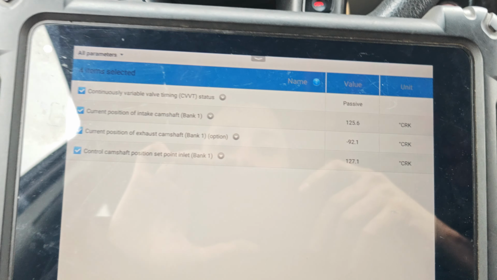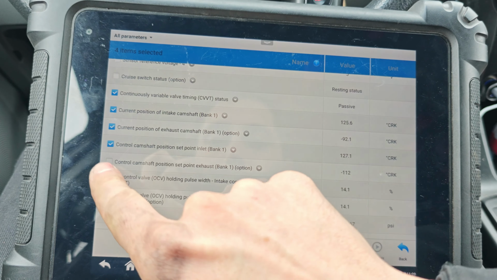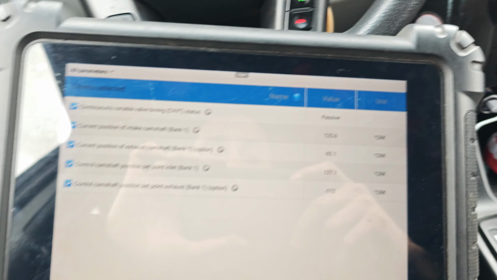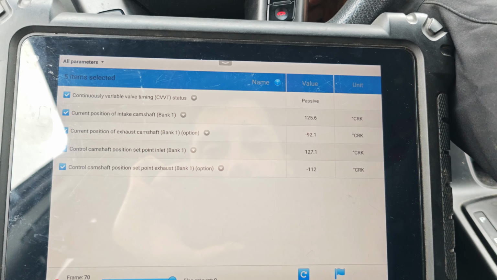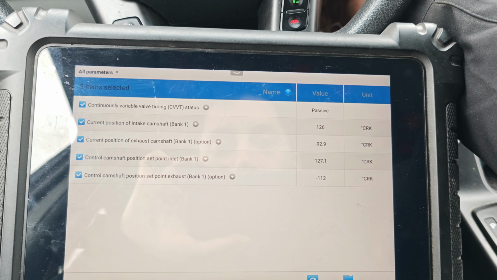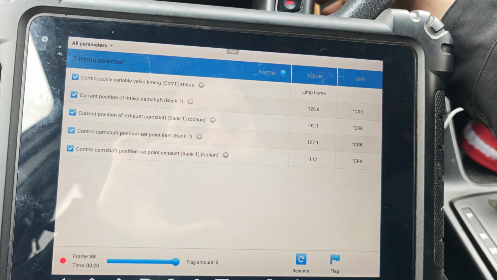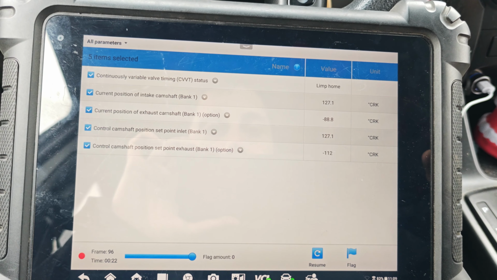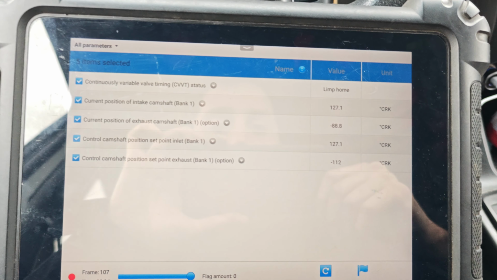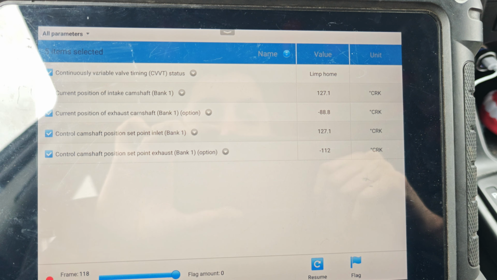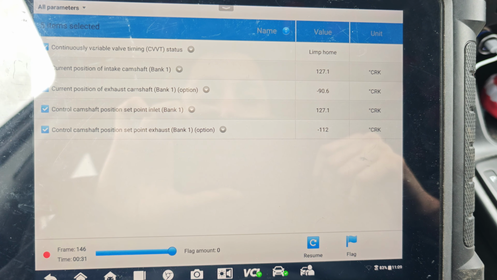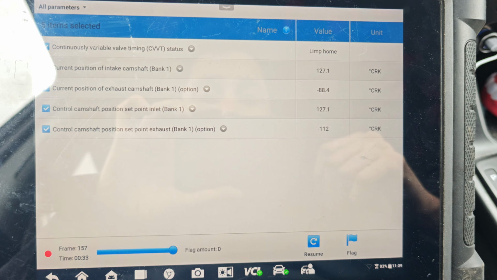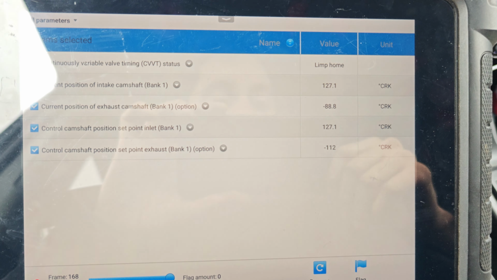Look at the value again. See that? It's off. Let's record this. Look at that, it's off, guys.